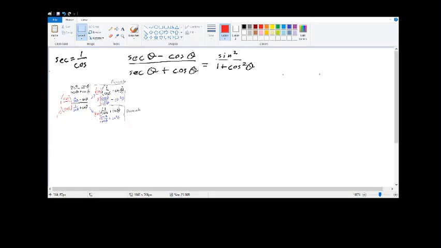Now in this case, we are able to find out that our numerator now is the equivalent of 1 minus cosine squared, and our denominator here is the equivalent of 1 plus cosine squared.